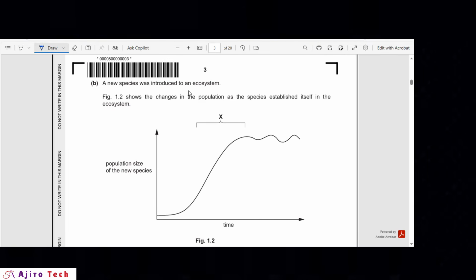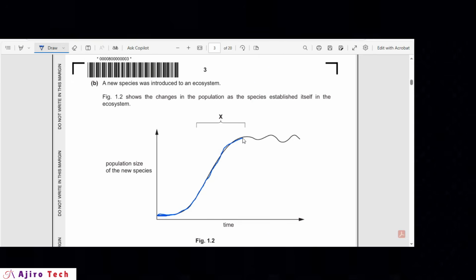A new species was introduced to an ecosystem, and the figure below shows us the changes in the population as the species establishes itself in the ecosystem. So we have population size of the new species. Now here we notice that at this point it stayed constant at the lower point, then it started increasing. So the number of individuals started increasing.